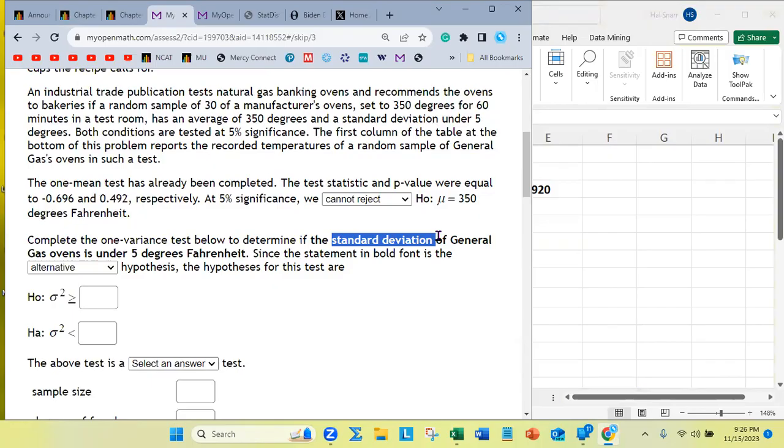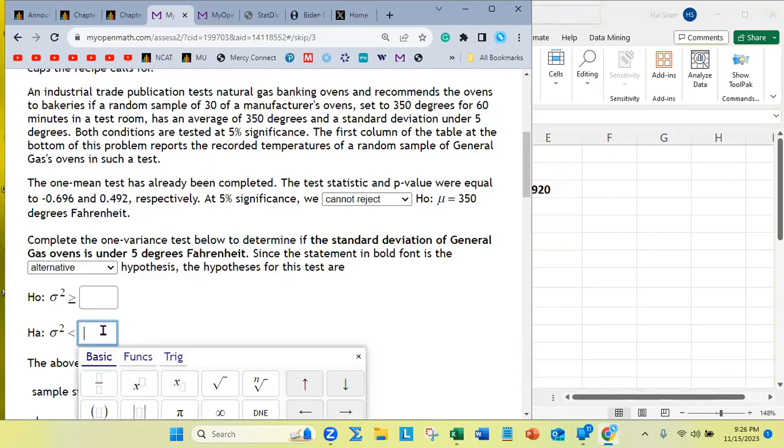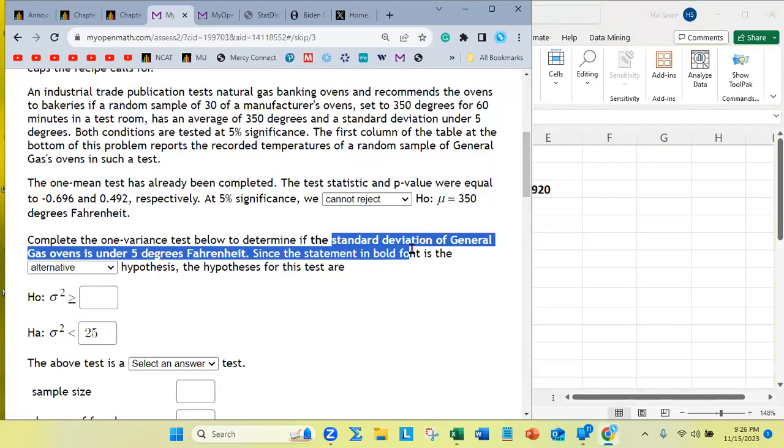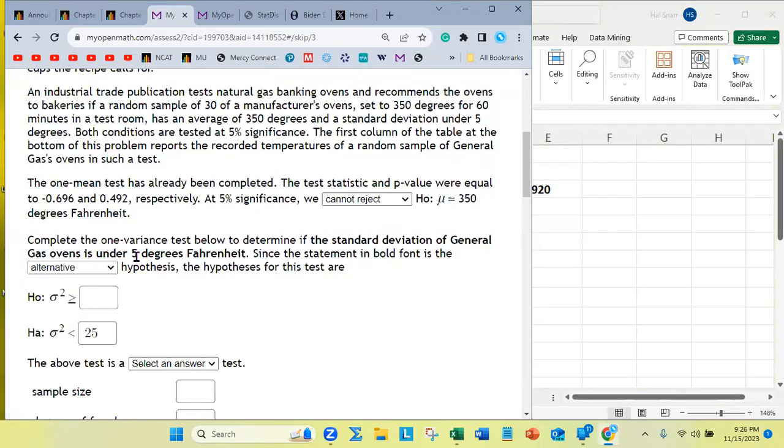If we square this, we get sigma squared, right? Well, if we're squaring that, we have to square the 5, because the standard deviation under 5 is equivalent to the variance under 25, right? So this statement is the alternative hypothesis if we square that and we square this.